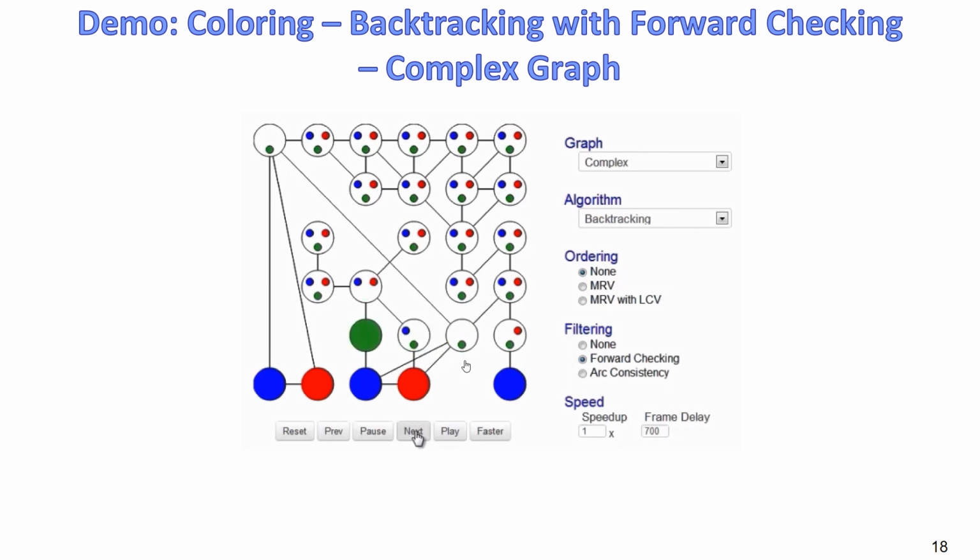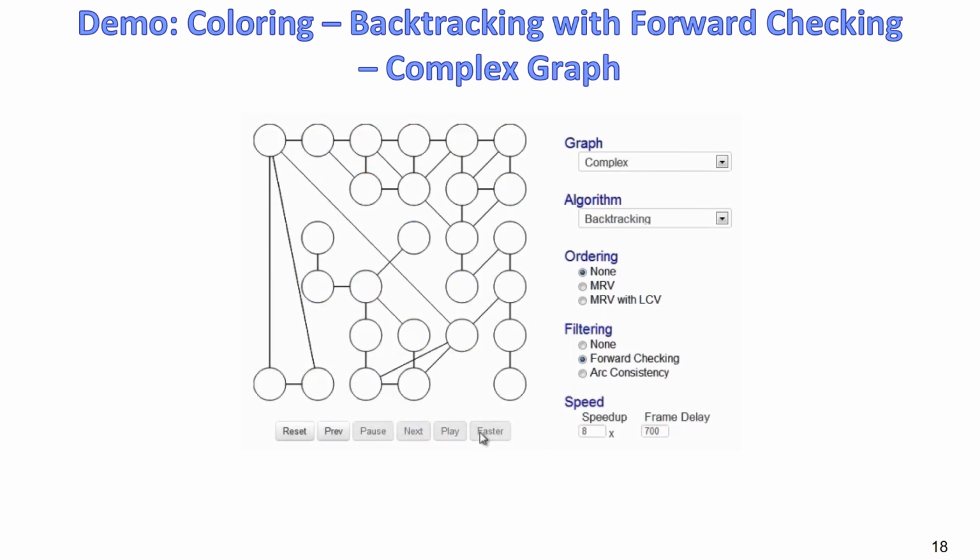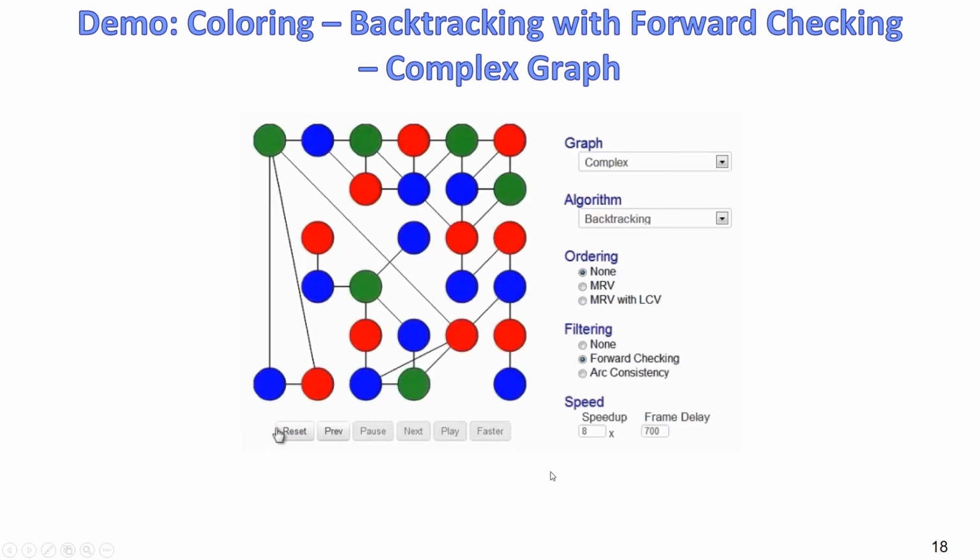Okay, so still here the problem is there, still there. All of that is backtracking, trying to get around this problem. Still there is a problem, as you see, and still a problem. Okay, now it's solved, and it found eventually a solution, but it took a lot of time.